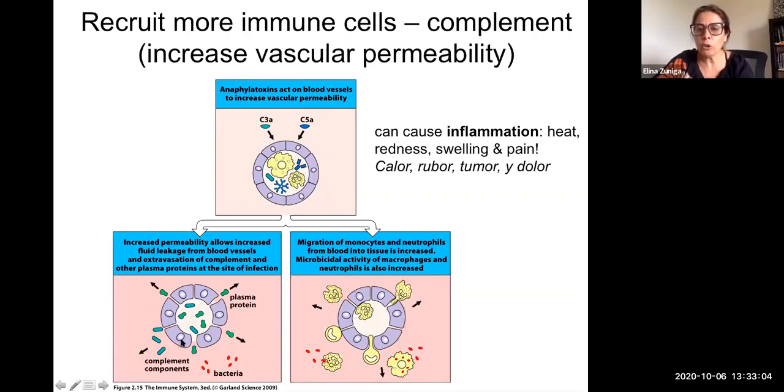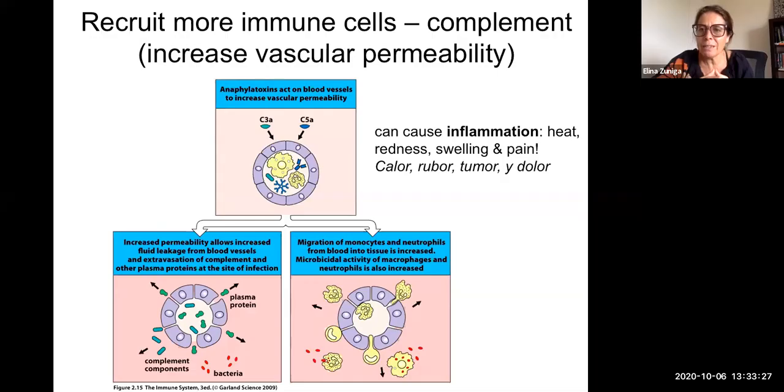And so all of this, initiated by this increase in blood flow due to weakening of the tight junctions in the endothelial cells, causes an inflammation. And this is very important, and I want you to remember this term.